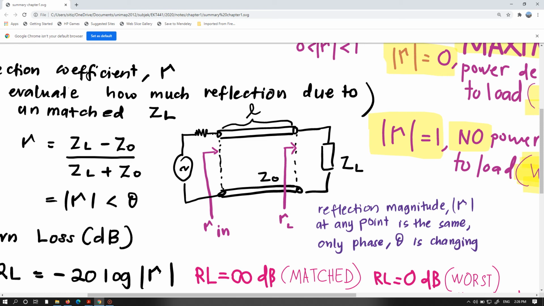If you calculate it, ZL minus Z naught over ZL plus Z naught, at any point along the length you will get the same magnitude, only the phase is different.